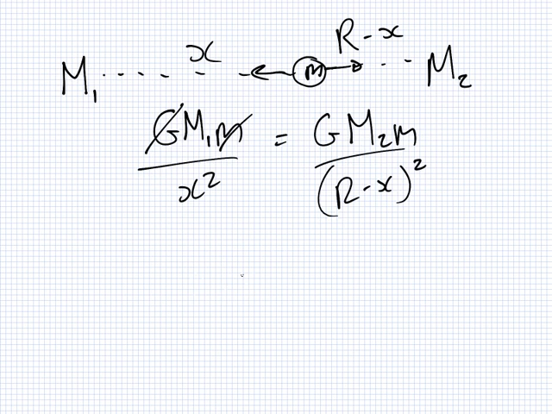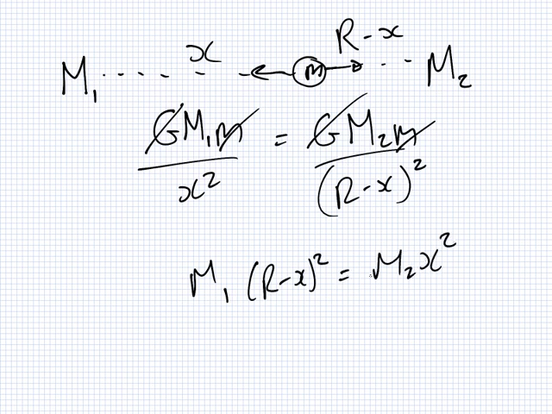M1 (r minus x) squared must equal M2 x squared. If I rewrite this a little bit, if I bring the M2 underneath this, actually, I can square root the three things here and get rid of that.